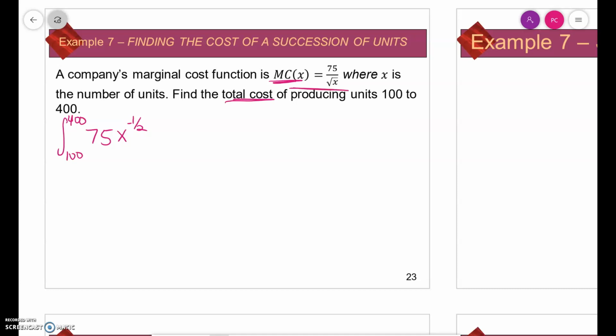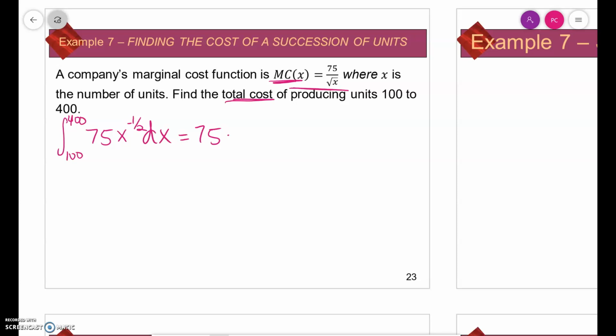As you're rewriting this function into your integral, make sure that you take the time to switch your function over to rational exponents and put all your variables in the numerator so it's an easier function to take the integral of. So when we integrate this, we end up with 75 times, we do negative 1/2 plus 1, which is 1/2.